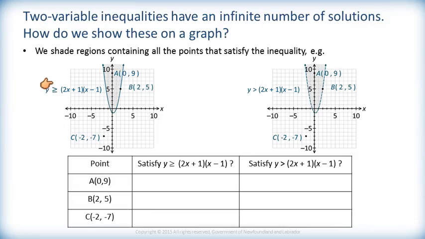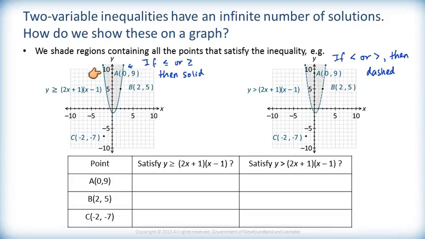Now, like we did with linear inequalities in two variables, shaded regions are meant to indicate the set of all points that will satisfy a particular inequality. If there's an equal sign in the inequality, it's a solid boundary, and if there's no equal sign, it's a dashed boundary. On the previous slide, we already did the calculations to see if these points satisfy this inequality. You can look them up, but (0, 9) is in the shading.